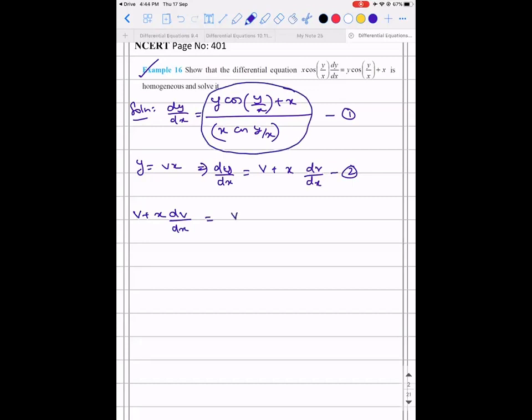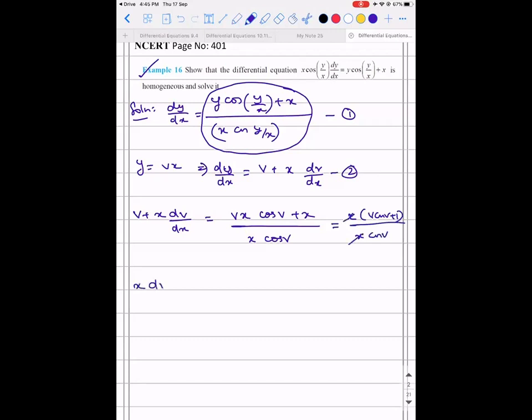In the place of y, replace with vx. So vx into cos v plus x, the whole divided by x into cos v. Right? So what is common in the numerator? x is there, v cos v plus 1 divided by cos v, x and x are common.